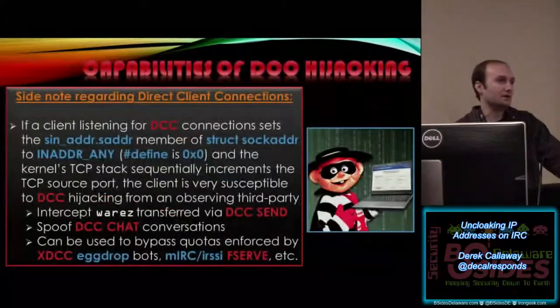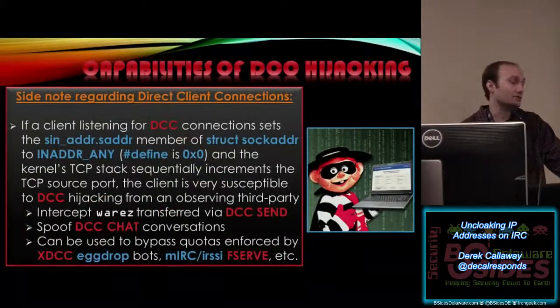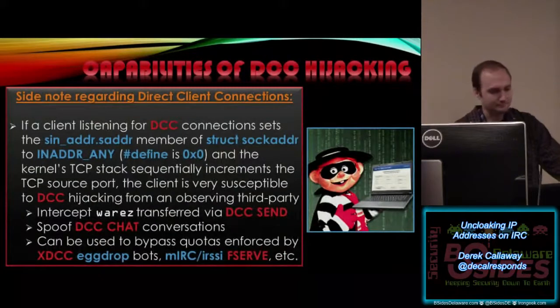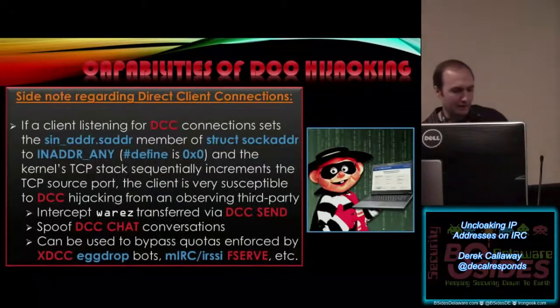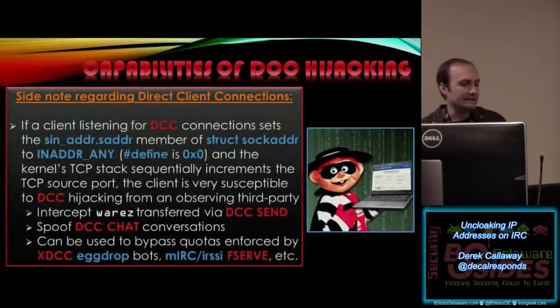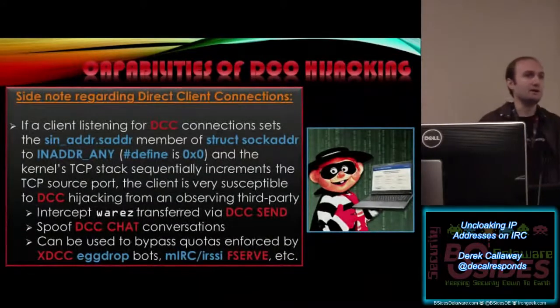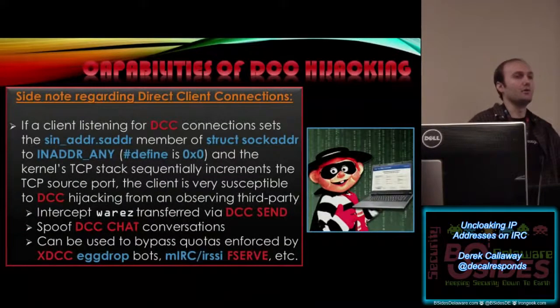But that doesn't work if they're doing software piracy from a shell. Another thing that's vulnerable with DCC is that there's a race condition, because very often the listening port will be in sequential order when it binds the port.